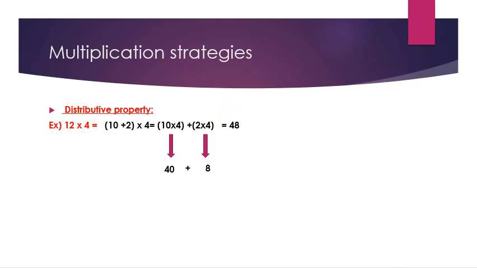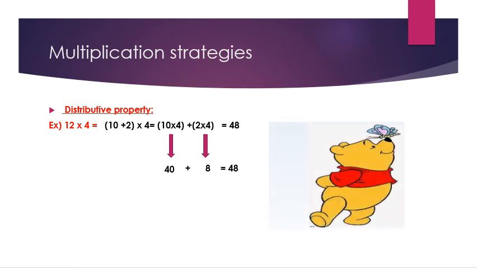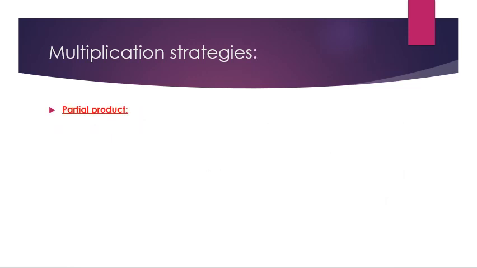Let's see the third strategy together today. The third strategy is partial product. Focus with me here. In the partial product, we have to know the value of the numbers well. For example, here, 12 by 4. How can you write it by the partial product strategy? Like that.